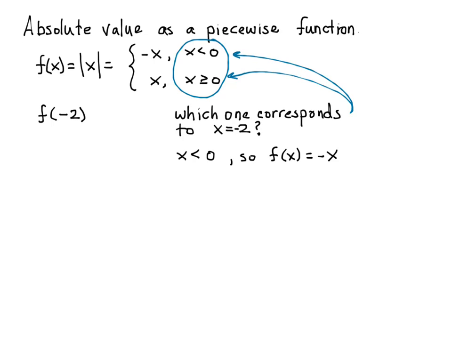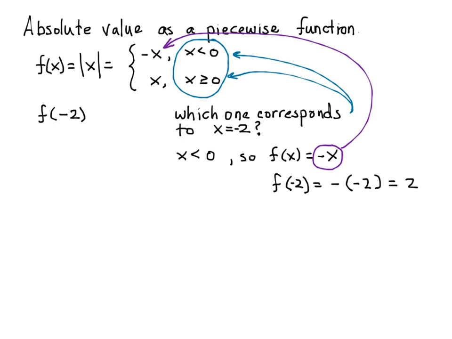Our function is going to be the negative, or the additive inverse, of x. And if x is -2, we have -(-2), which is +2. So we end up with a positive version of any negative number we put in, and positive numbers stay unchanged.